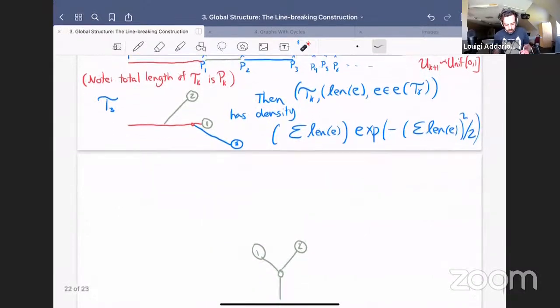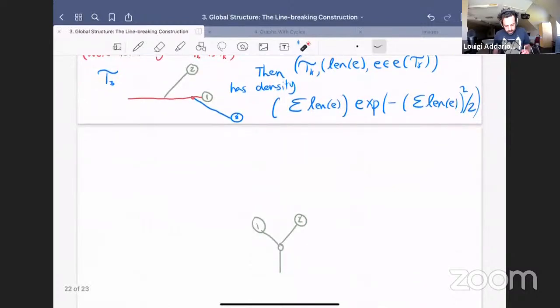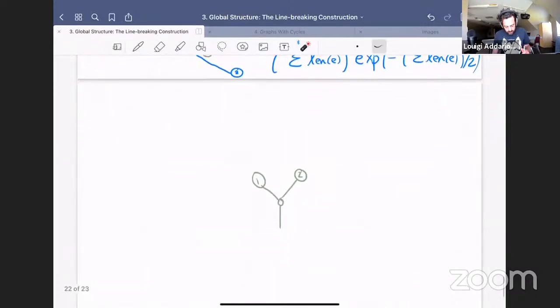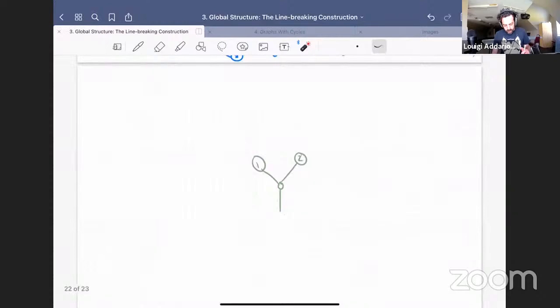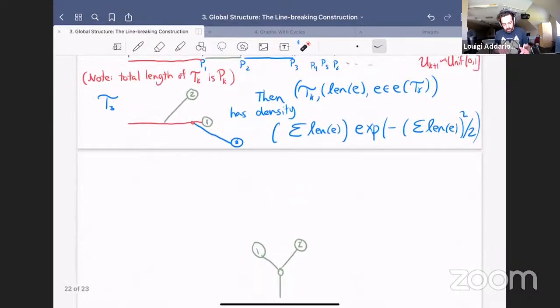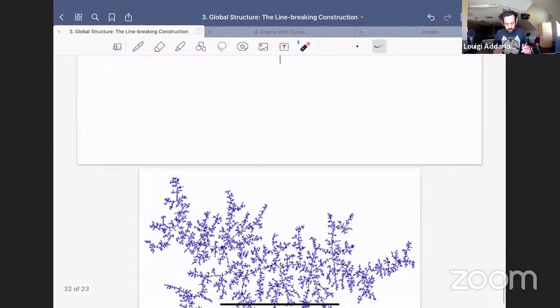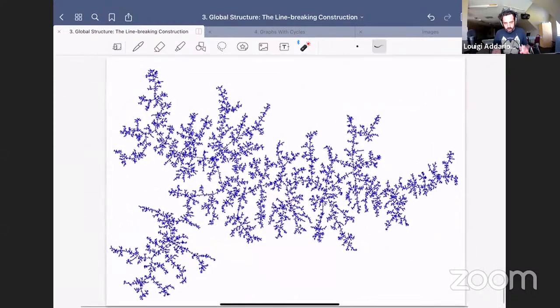So that's as much as I'm going to say about the line breaking construction. I'm just going to finish that chapter with a picture of the large n limit. You can think of this as in the finite world, but if you first take n to infinity, so you're doing this line breaking construction starting from the Poisson process, and then you take k to infinity, so you get a bushier and bushier tree, you end up with some sort of random fractal, which looks a bit like this.